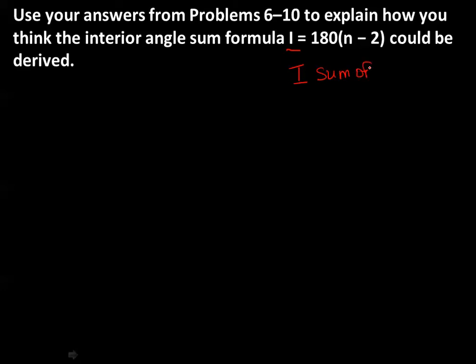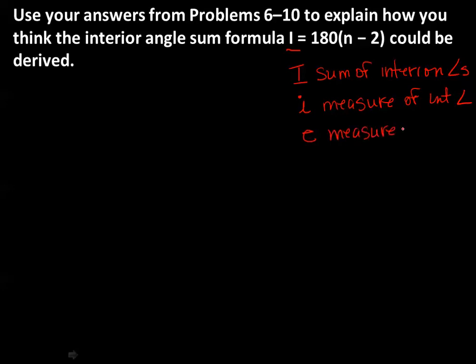Sum of interior angles, and later on we'll see a little i, which is measure of interior angle, and the little e is a measure of exterior angles. Oop, I ran out of space.